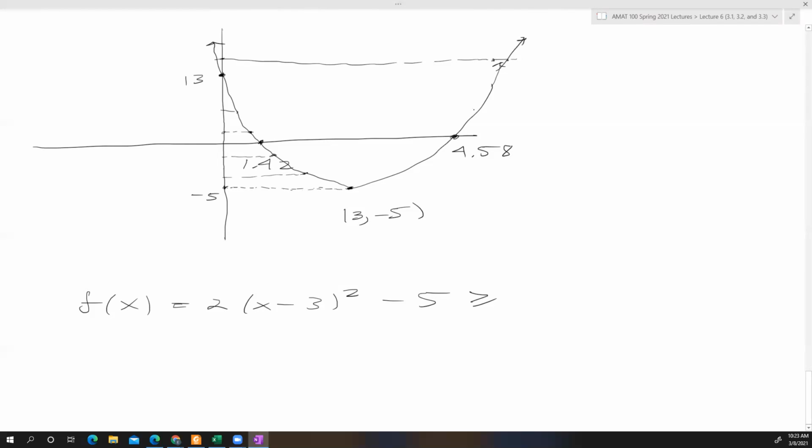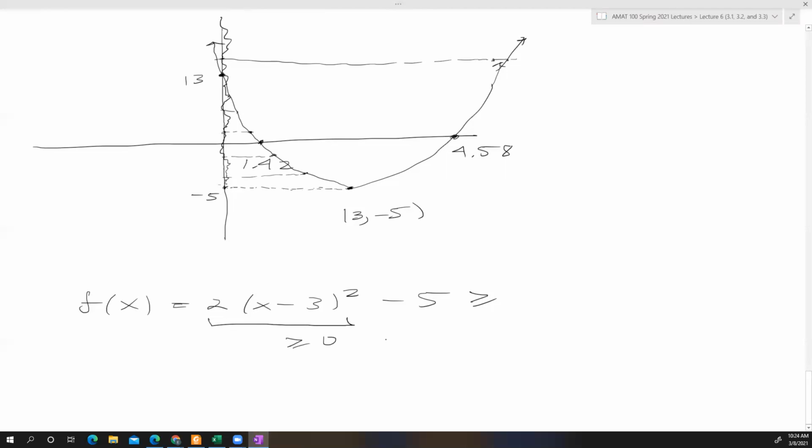So what that means is that every point on the y-axis above -5 corresponds to a point on the plot. So this whole line right here is the range. And that can also be seen algebraically. Because this number is positive, this overall thing is a non-negative number always.